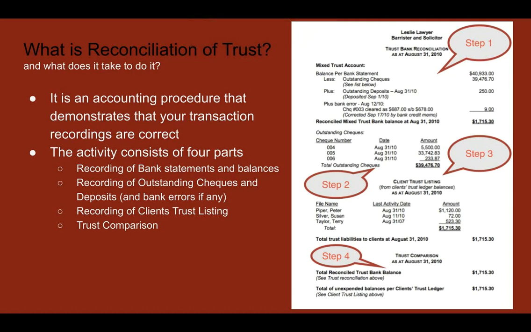And any plus or minus bank error, you arrive at a reconciled mixed trust bank balance. And this will eventually provide you with the client trust listing. These are the balances with certain clients in your trust account. That's called the client trust listing.